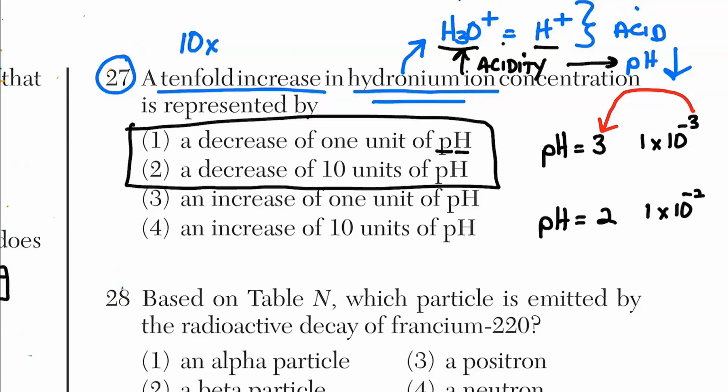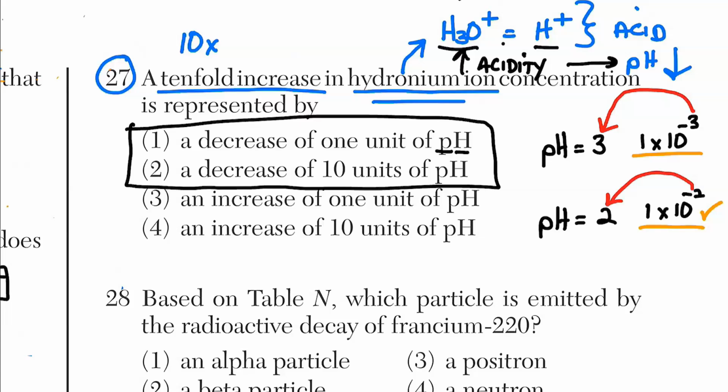And I hope you can see that, because of the positive value of 2. Now, you should see that 1 times 10 to the negative 2 is 10 times bigger than 1 times 10 to the negative 3. It's getting closer to being a number less than 1. So this number is larger, and it's larger by 10 times.